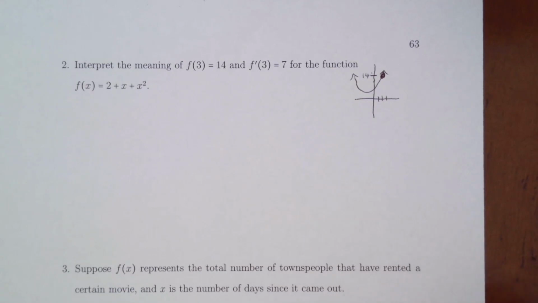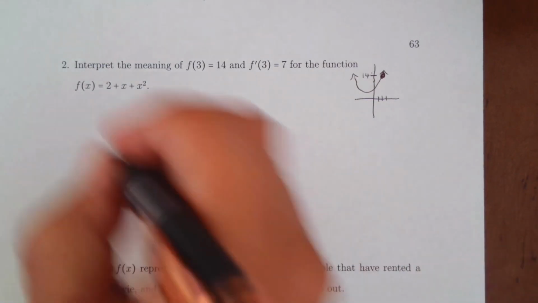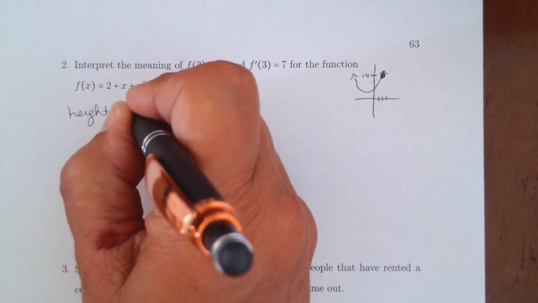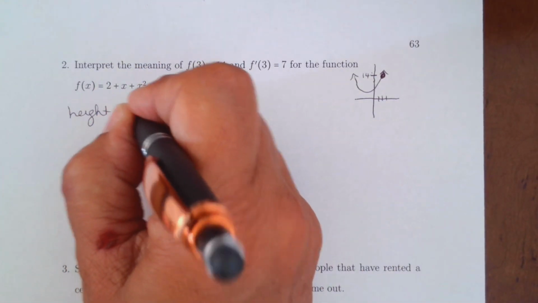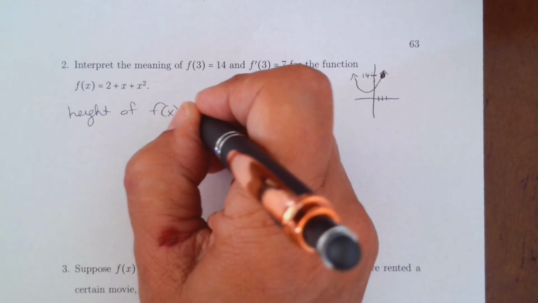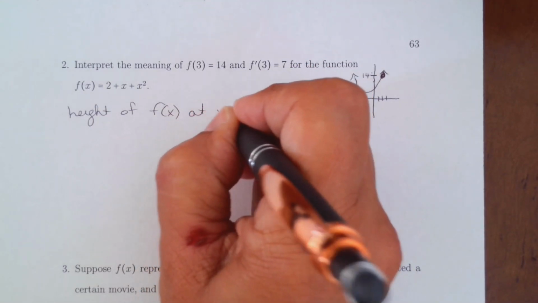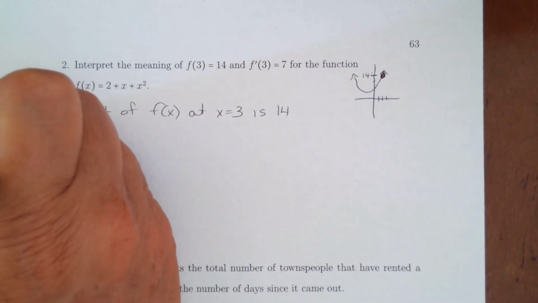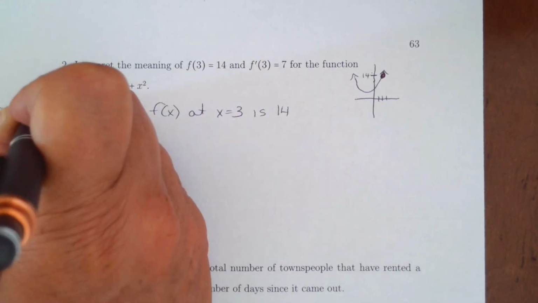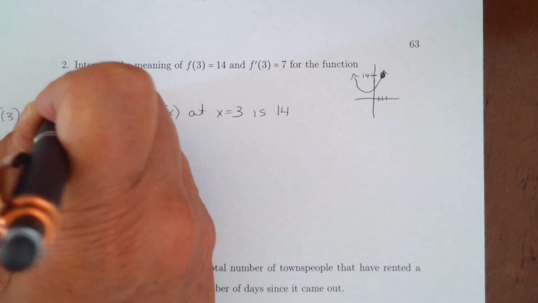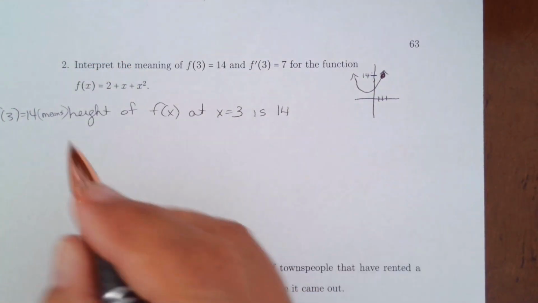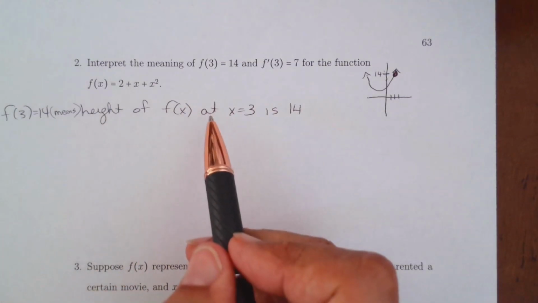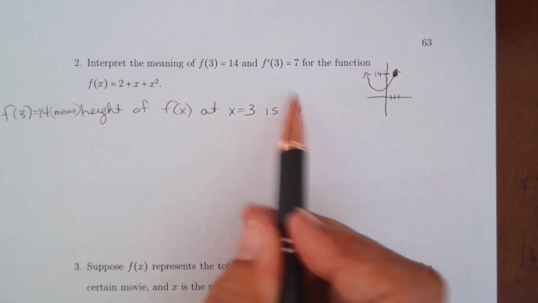So that is the height of the function: the height of f of x at x equals 3 is 14. That's what f of 3 equals 14 means.